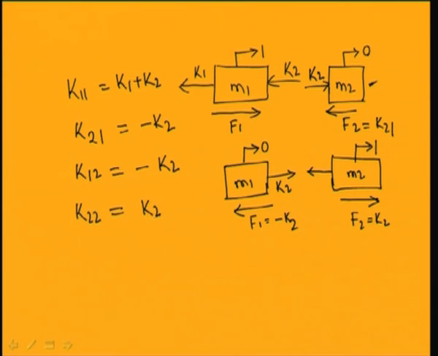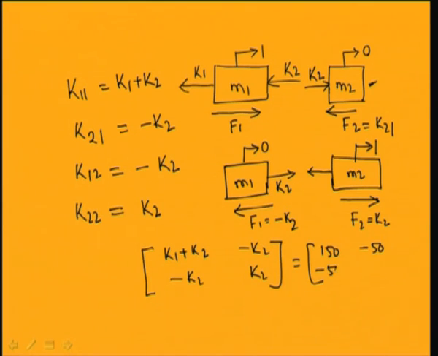So, the stiffness matrix by this method will be K1 plus K2, minus K2, minus K2, K2. This is equal to 150, minus 50, minus 50, and 50. So, I can write the equation of motion in this form.